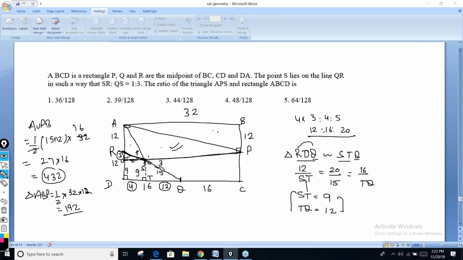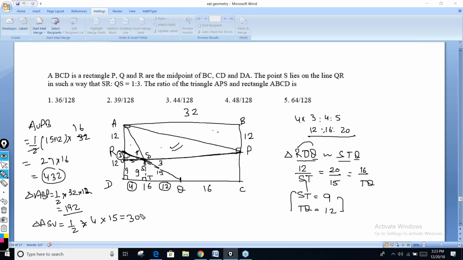The area of triangle A, that point was S, ASR. Can we get it directly? ASU. Yes, we can get it ASU as well. Half, base is 4 and height is 15.